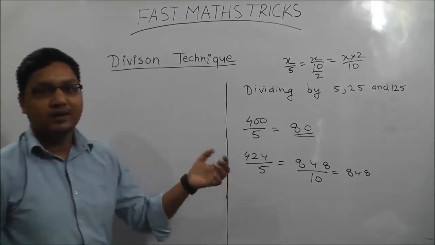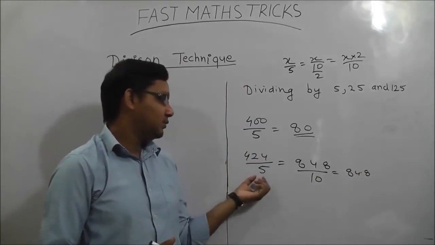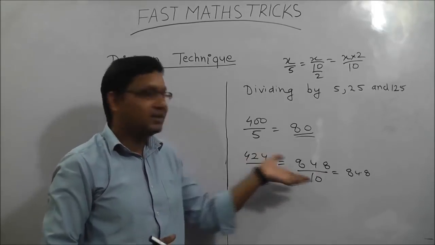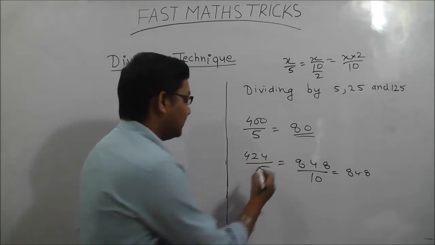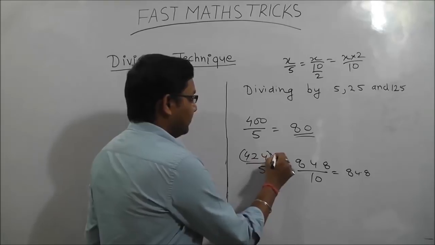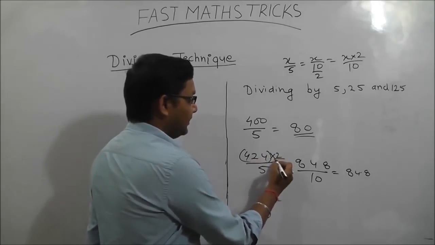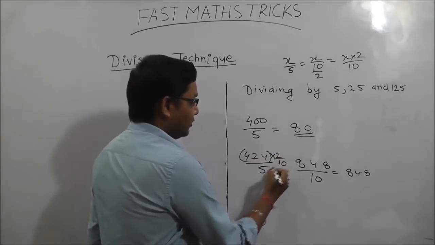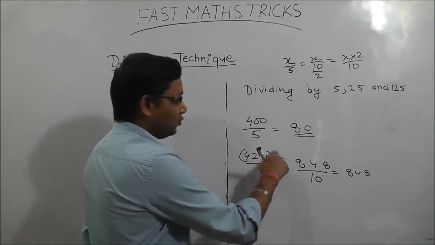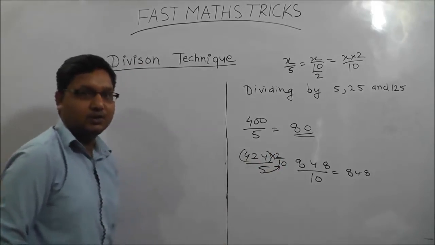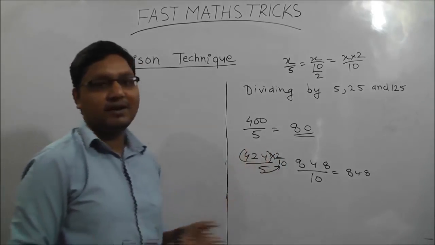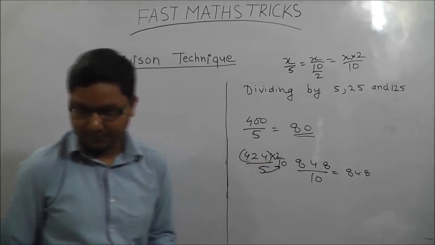So in this way, any question which we have to divide by 5, first multiply it by 2 and then divide it by 10. Okay, so in this way you can divide any number by 5.